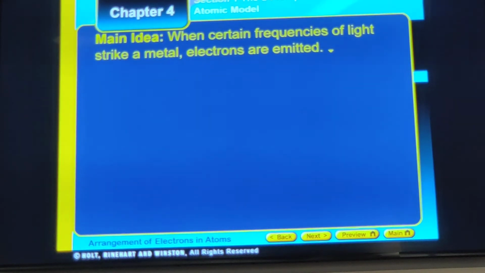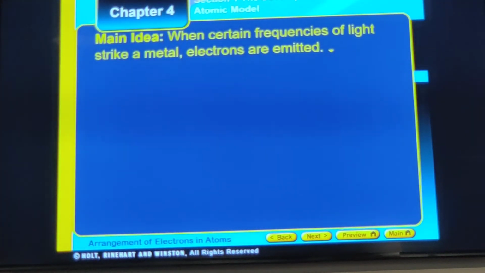So when certain frequencies of light strike a metal, electrons are emitted. Now we're going to start into the topic of the photoelectric effect.